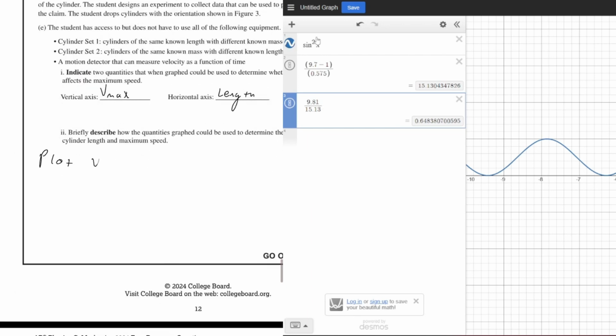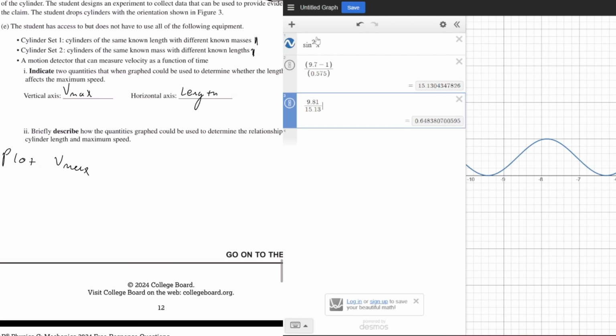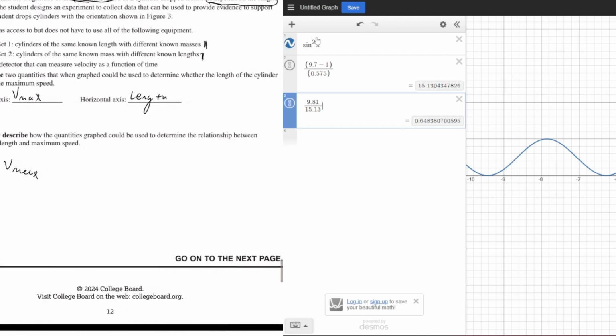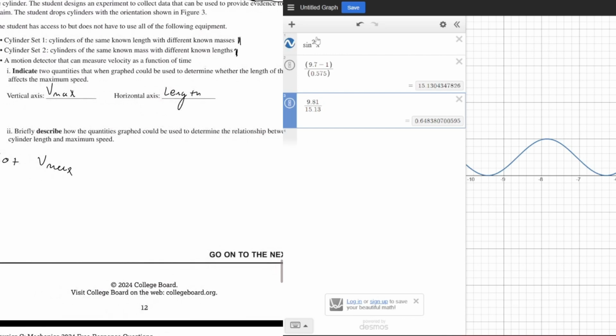Plot V max. So they're asking, how could the quantities graphed be used to determine the relationship between cylinder length and maximum speed?